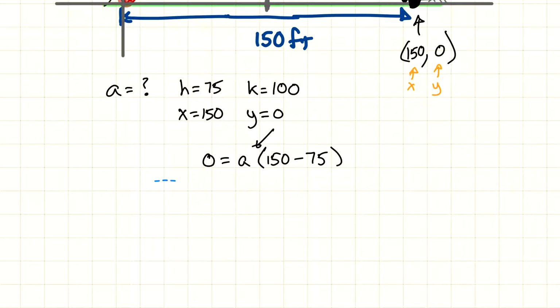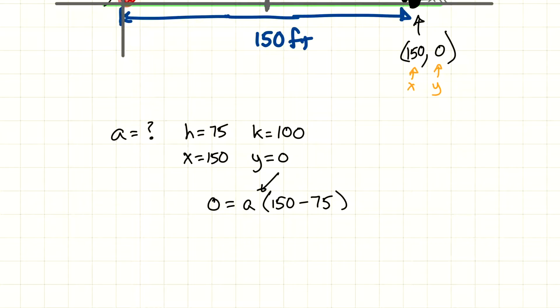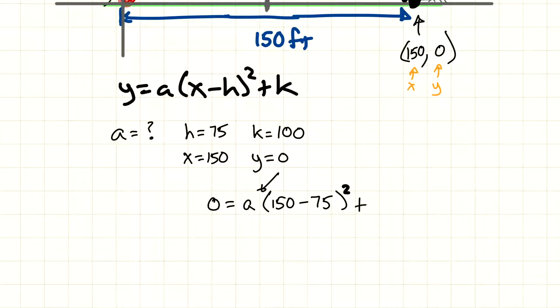In case you need a reminder here, I'll give us a reminder of our equation. So don't forget, it's y equals a times x minus h squared plus k. This is what we're trying to build. So let me finish plugging this in. So this is, don't forget the squared, and we're going to do a plus k, which is plus 100.